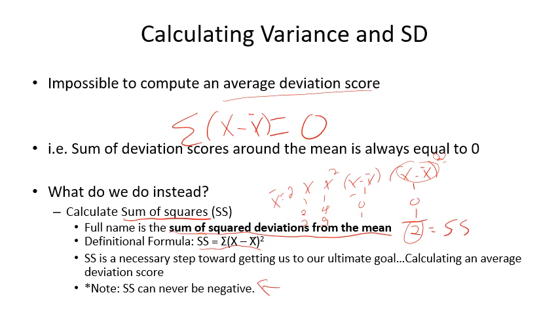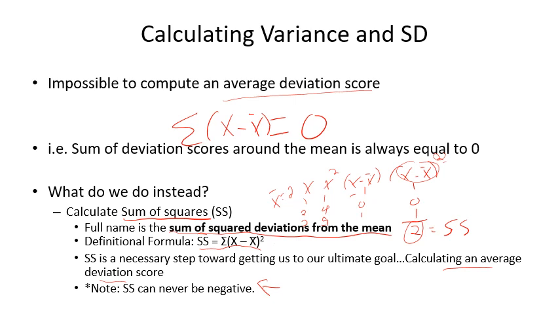So you cannot tell at this point which direction it's going. But the basics is that this is a necessary step towards our end goal, calculating an average deviation score.